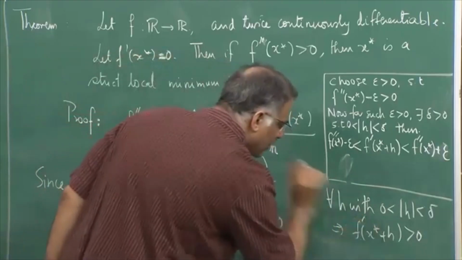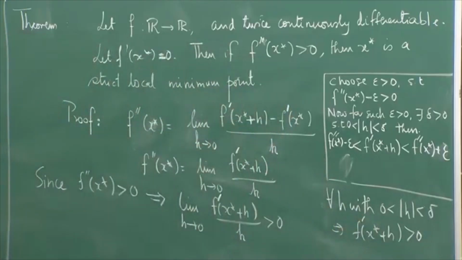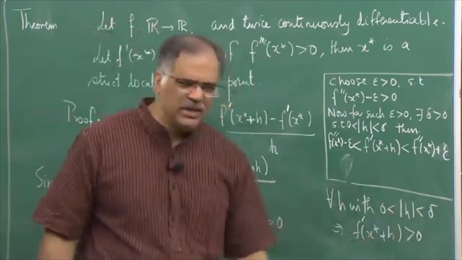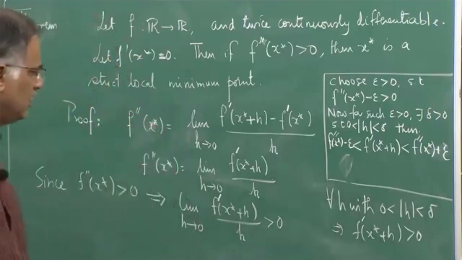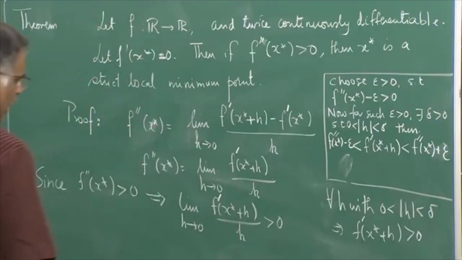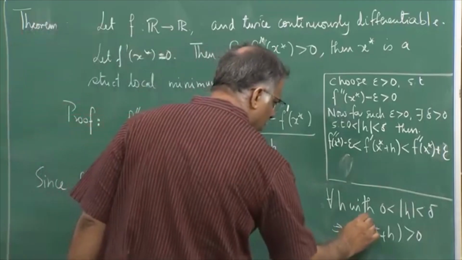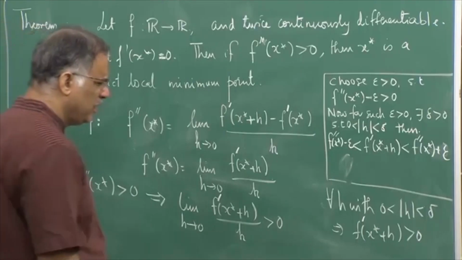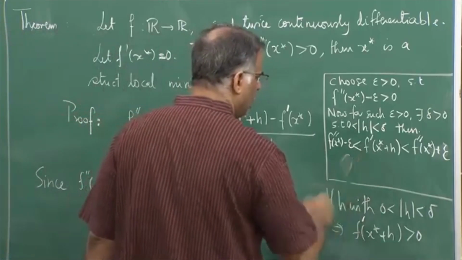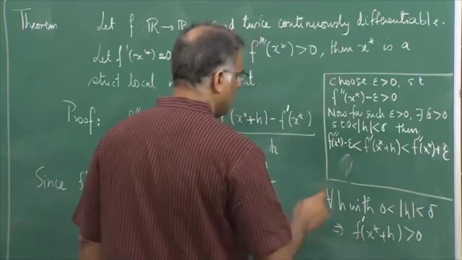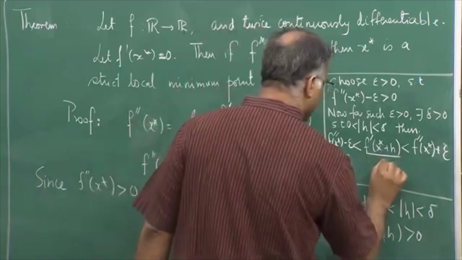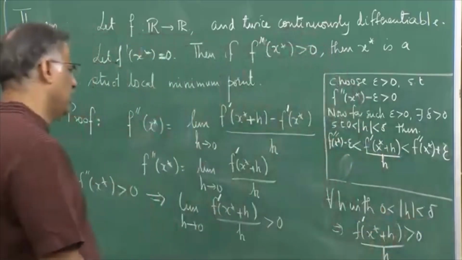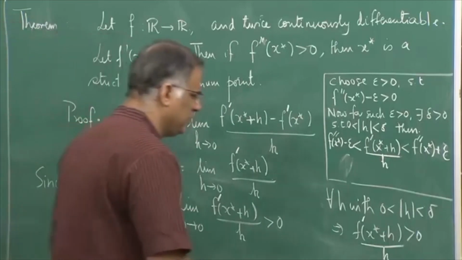So, what does it show? That in this small interval, f'(x* + h) by h is strictly bigger than 0. Sorry, I made a mistake.